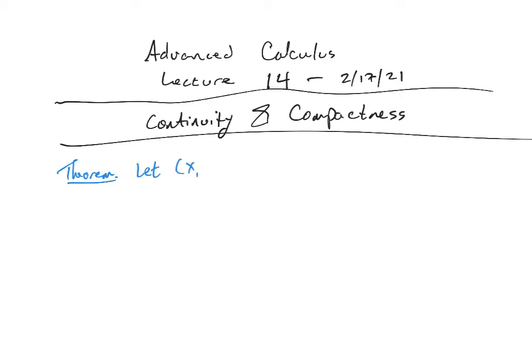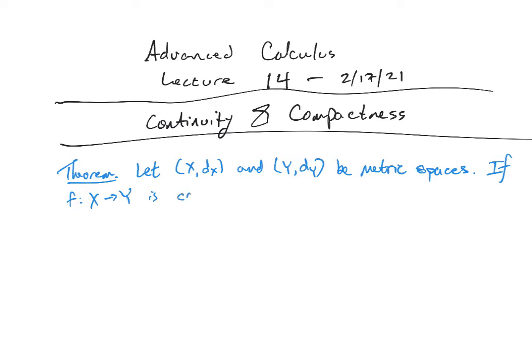Okay. So we're going to have two metric spaces, and we're going to have a continuous function between them, and we're going to have a compact set in the domain.